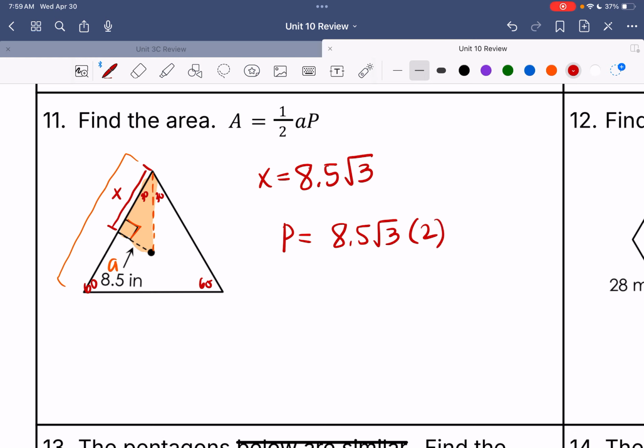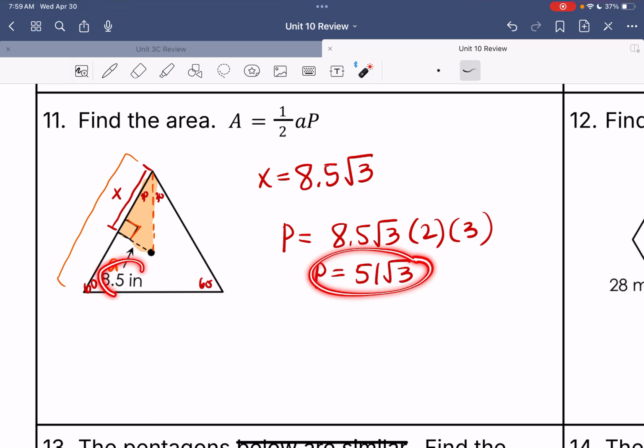If I times it by 2, that's one of the sides, but then this triangle has 3 sides. So 8.5 times 2 times 3 gives me 51. So our perimeter is 51 square root 3. Okay, so now I have perimeter and I have my apothem.